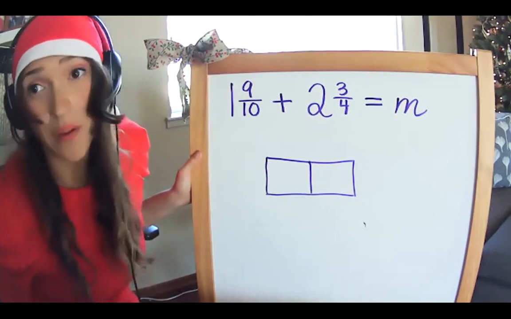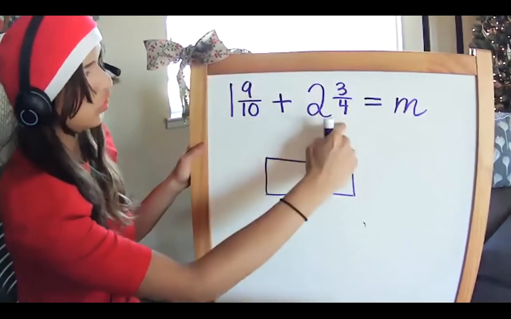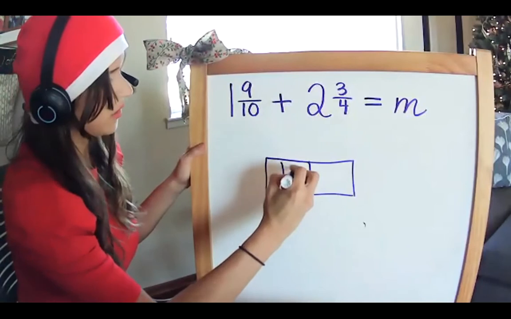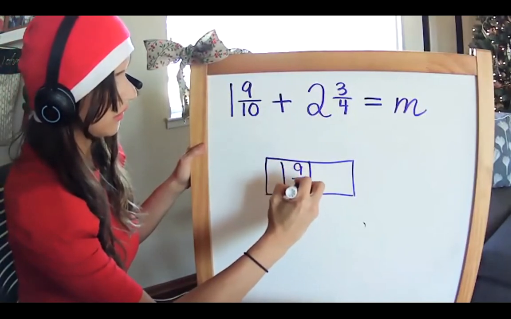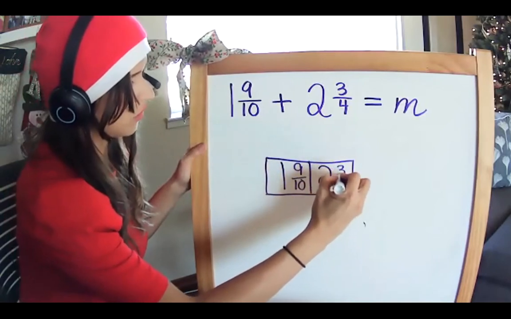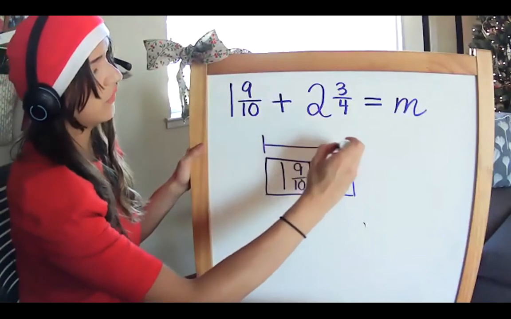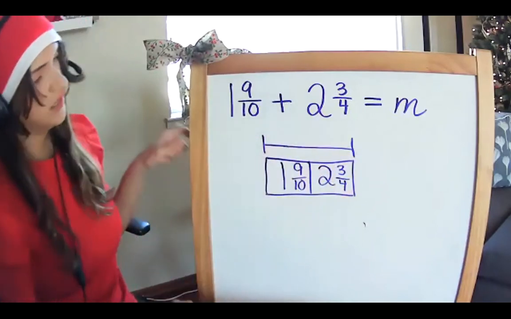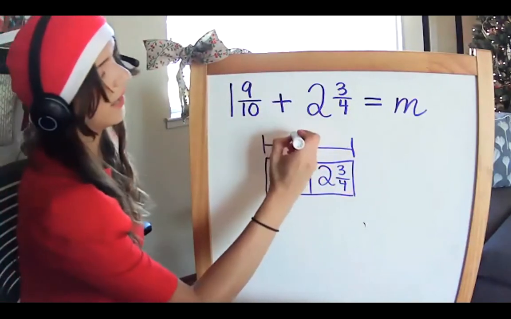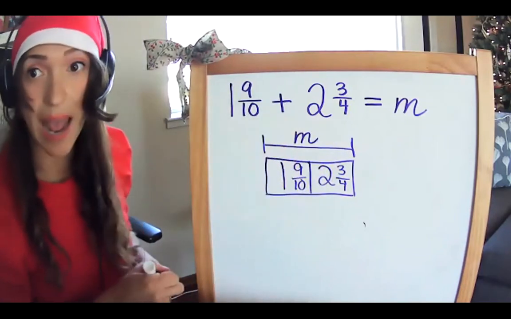All right, so 5th graders, we're going to draw our 2 boxes for the 2 values we're adding. So we have the 1 9/10 together in the box with the 2 3/4. And then we're going to put our equal sign, which is kind of like our end zone lines. And that it equals M because we have not solved it yet. So I put an M there.